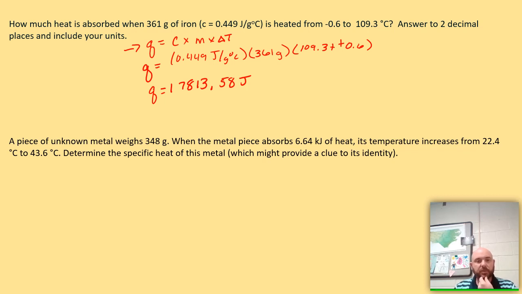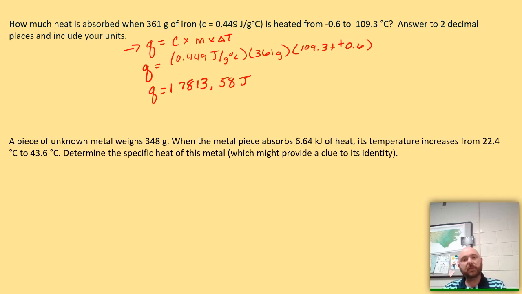The next example here says a piece of unknown metal weighs 348 grams. When the metal absorbs 6.64 kilojoules of heat, its temperature increases from 22.4 to 43.6 degrees. Determine the specific heat of this metal. That could provide a clue to its identity, it says.